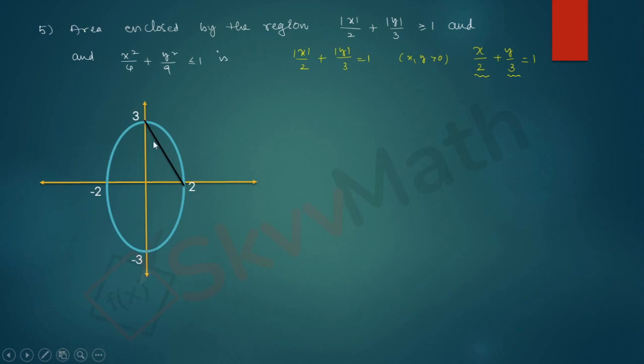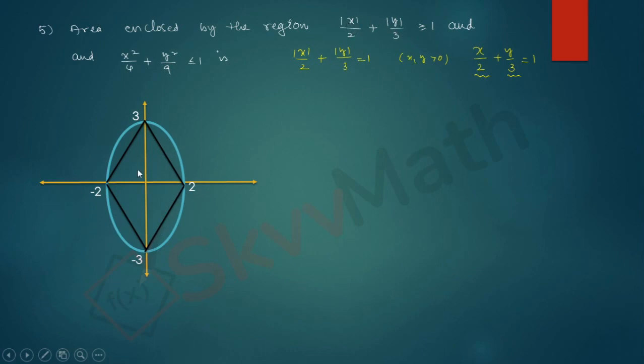Similarly, if x is negative and y is positive, then we get the line like this. And if x is positive and y is negative, then we get the line like this. So there are four possibilities: x positive y positive, x positive y negative, x negative y positive, x negative y negative.